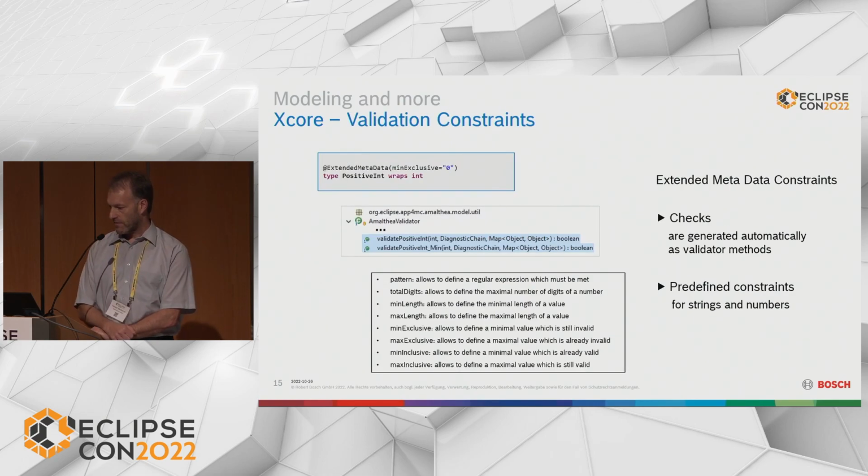So, next thing you have to do with many model definitions is to restrict the usage, to have some constraints or invariants. And in Xcore, this is also quite simple to do. You can have these extended metadata annotations. In that case, I simply define a positive integer. And that means it can be greater than 0 or should be greater than 0.